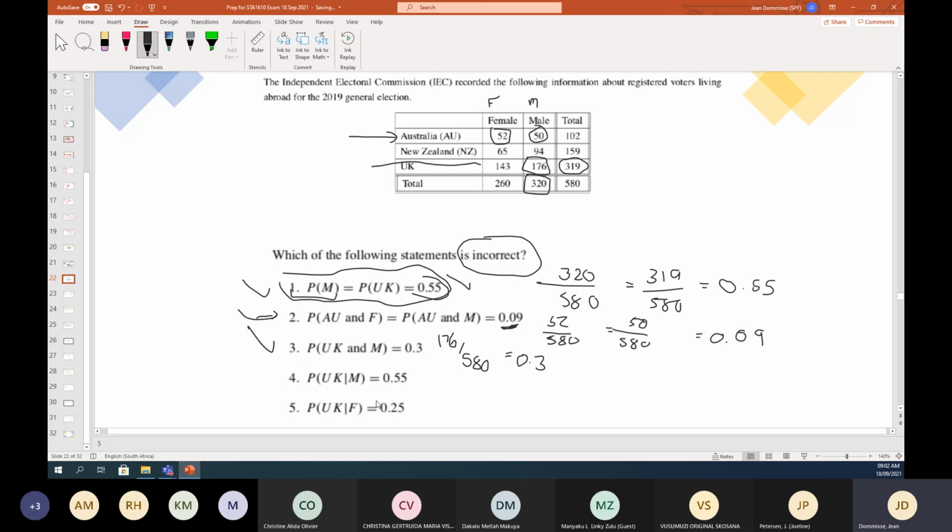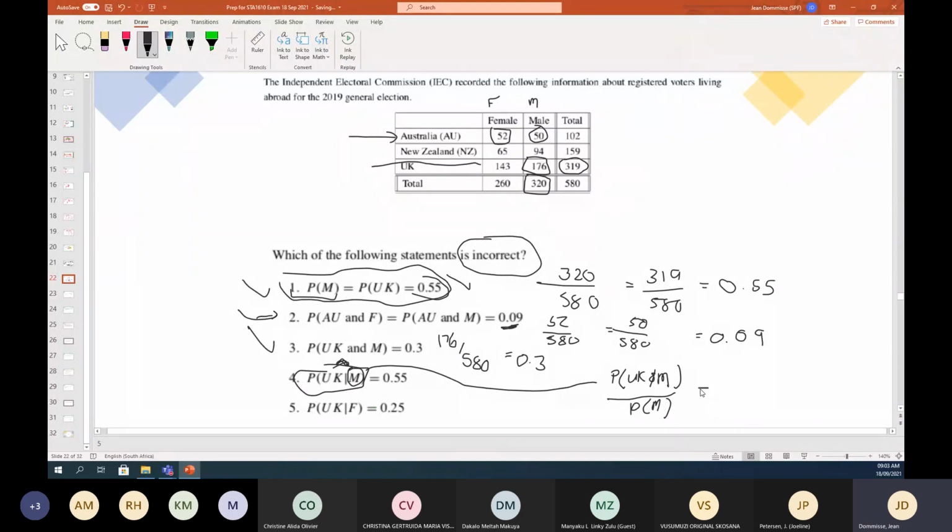Okay, so here comes in the probability of UK given M. We know the formula is the probability of UK and M divided by the probability of M. And how I remember that is at the top it is the AND of those two, and at the bottom I divide by the last one.